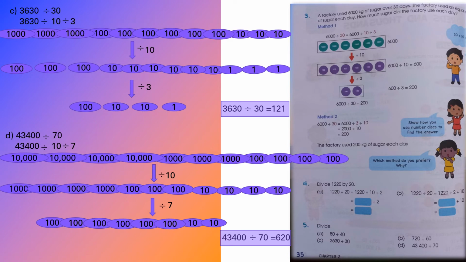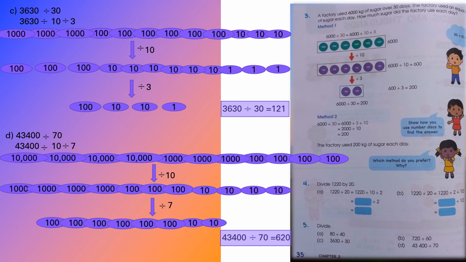In part C, we have 3630 divided by 30. First, we are going to break this 30 in terms of 10 and 3. So for 3630, we have 0 ones, 3 tens, 600 and 3000. After division by 10, we have 300, 6 tens, 3 ones.